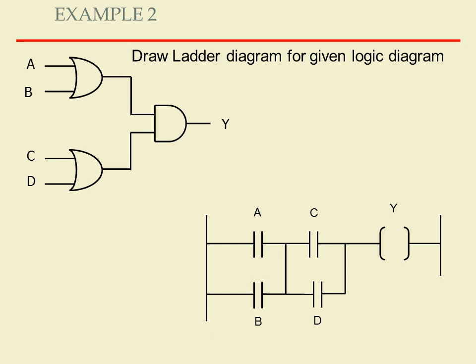Okay, so see how the ladder diagram can be drawn. A and B are connected in parallel. The two open switches A and B connected in parallel will form the first OR gate. C and D will be connected in parallel, that will form another OR gate.